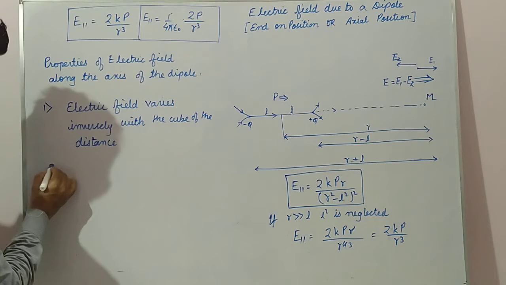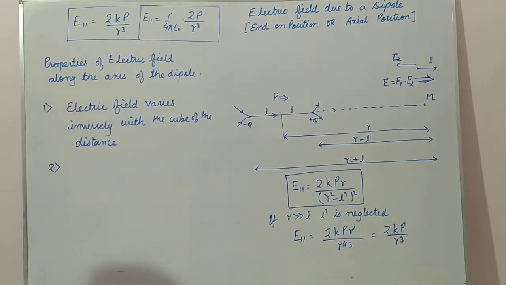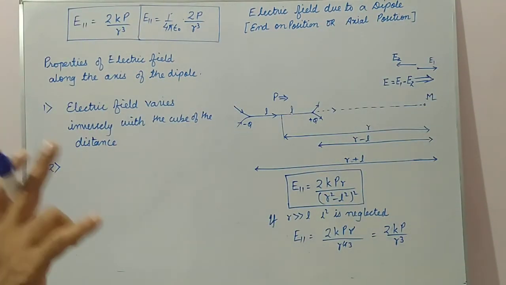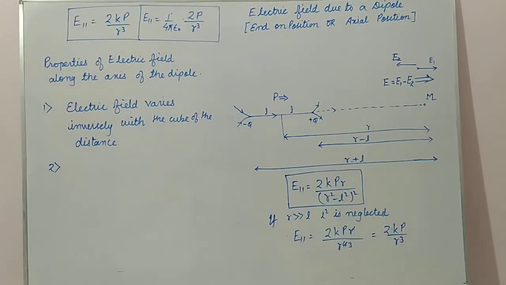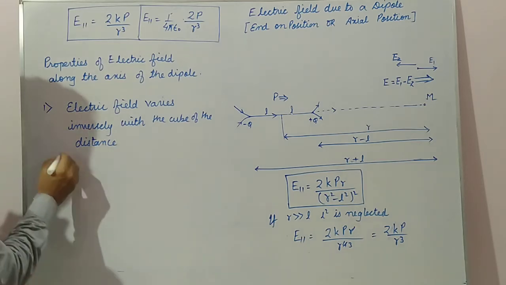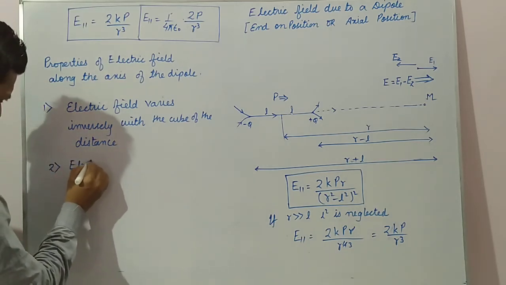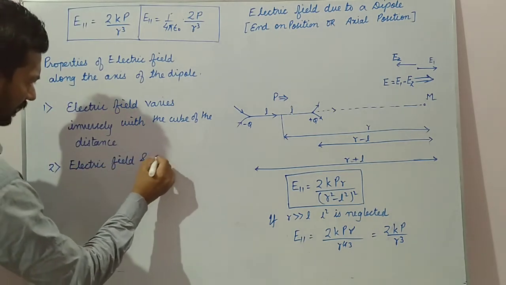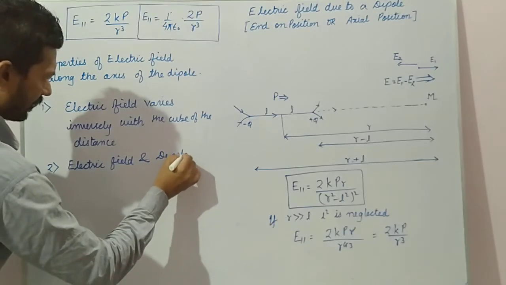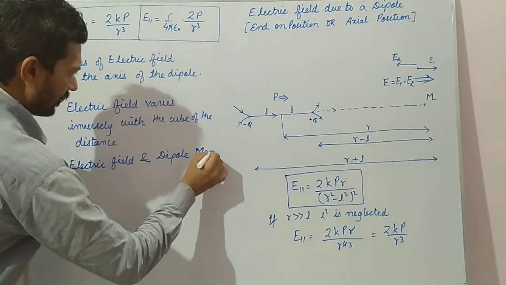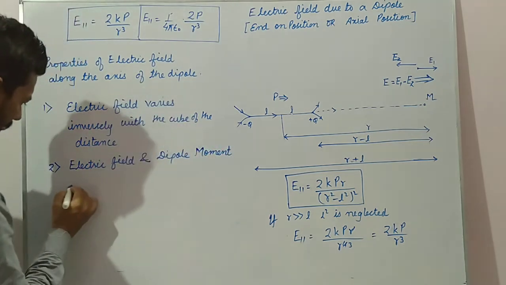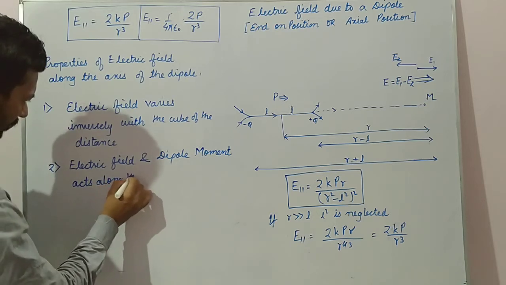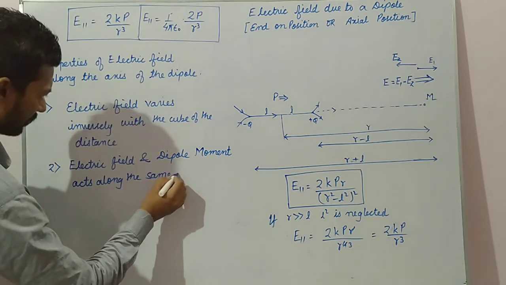Second point we can conclude here: electric field and dipole moment act along the same direction. This is the only condition under which the electric field and dipole moment act along the same direction.